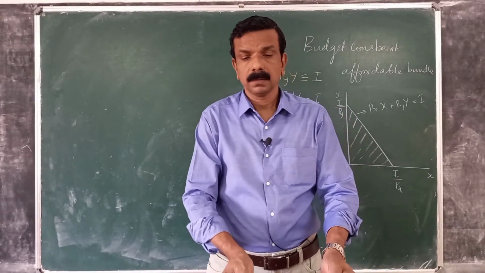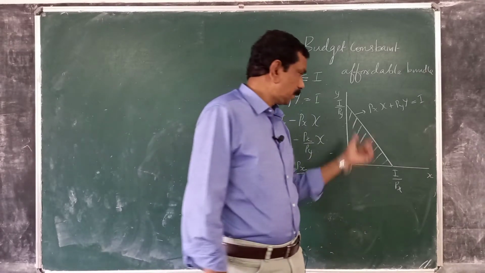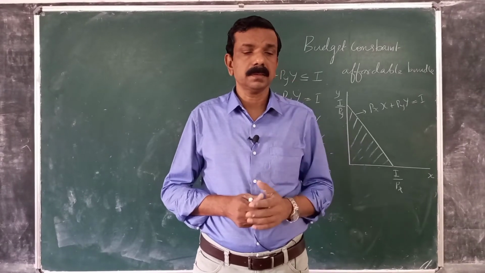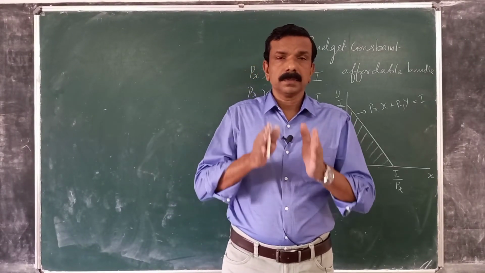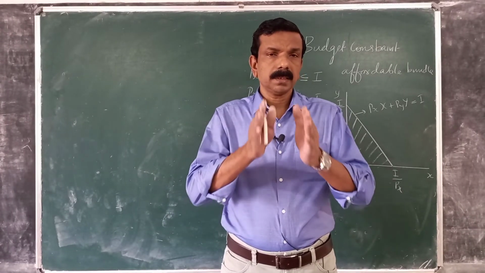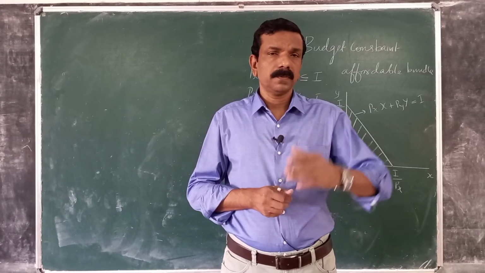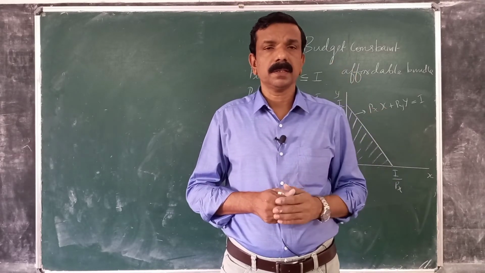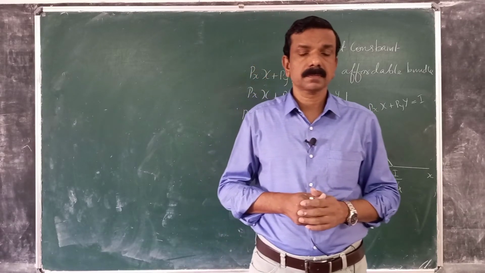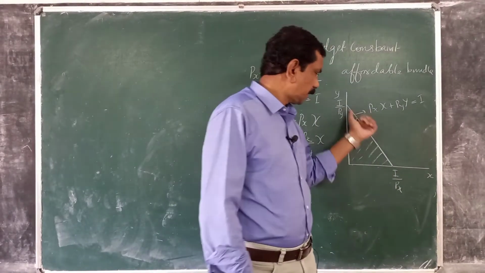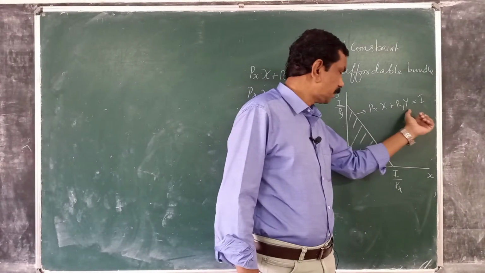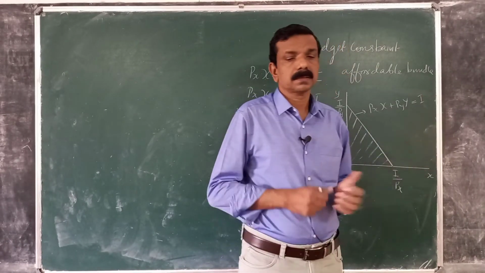Now, having defined the budget line, the budget set, the budget constraints, we have to see how this budget line changes. A budget line is drawn for a particular level of income and also for specific levels of prices. So naturally, the budget line will shift if px changes, py changes, or income changes.